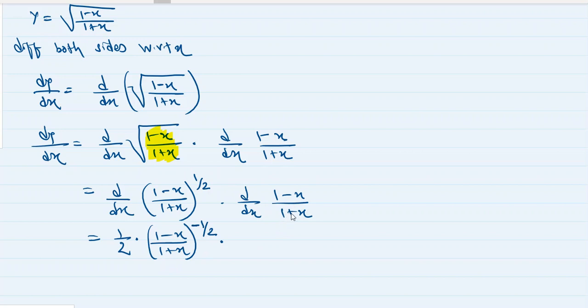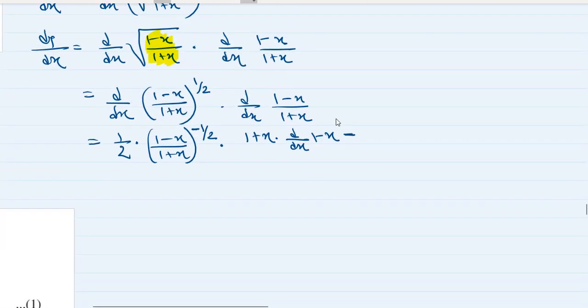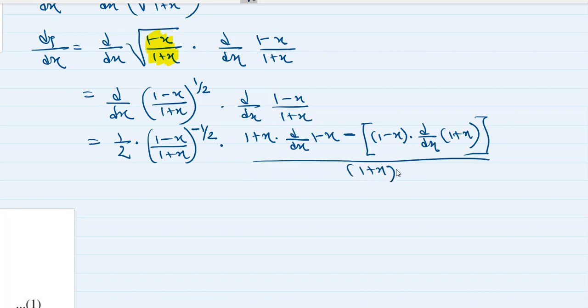But before we simplify this, let me just find the differentiation of this quickly. So if you remember, the quotient rule says that d by dx of numerator upon denominator will be denominator, that is 1 plus x, multiplied by differentiation of numerator, that is 1 minus x, minus numerator, that is 1 minus x, multiplied by d by dx of denominator, that is 1 plus x, and bracket close, and the whole upon 1 plus x the whole square.